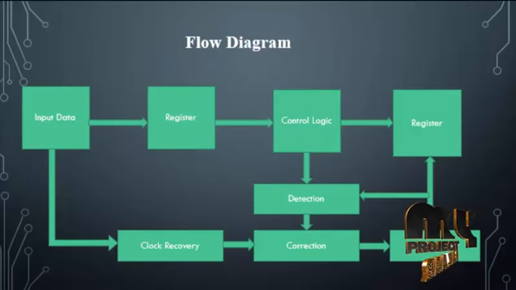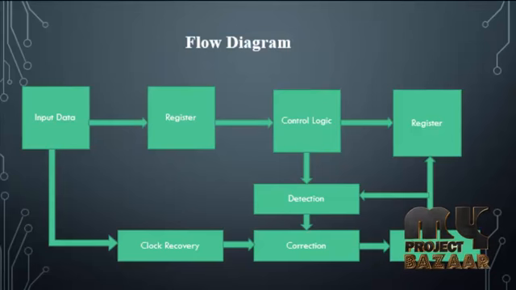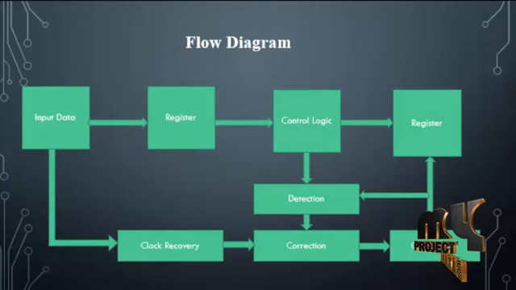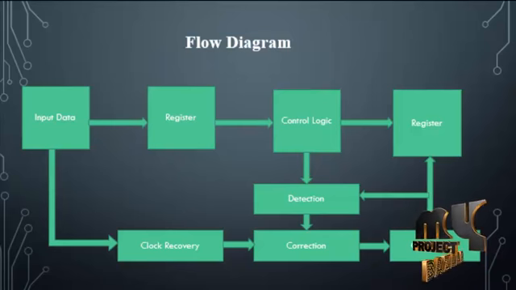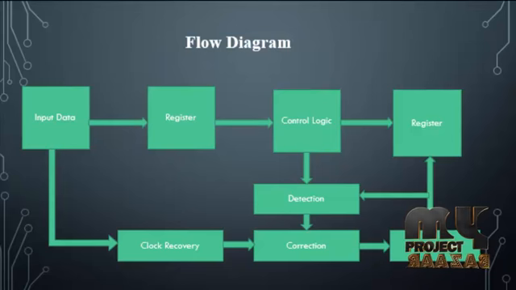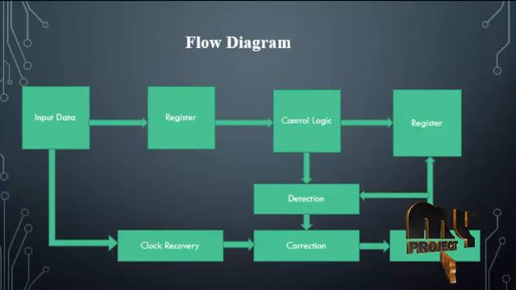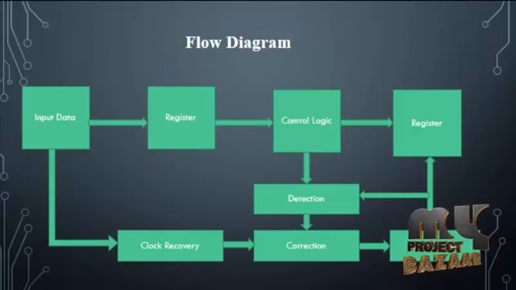The output of the correction block is directly applied to the clock buffer. This clock buffer output is the input clock of the detection block and register block. This flow runs cycle by cycle to obtain the correction and detection of the setup and hold time values.